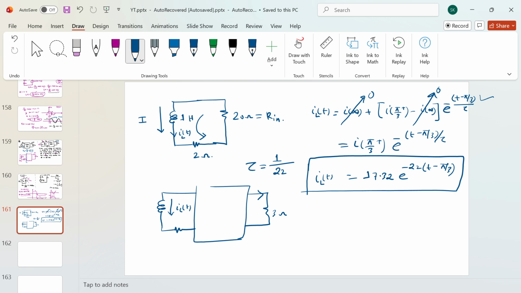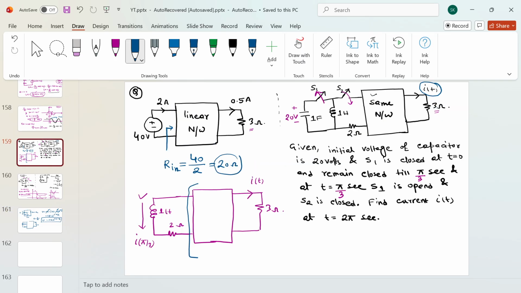So now we have to take help of the linearity theorem. It says when 2 ampere current is entering the linear circuit, and I am getting 0.5 ampere at the output.